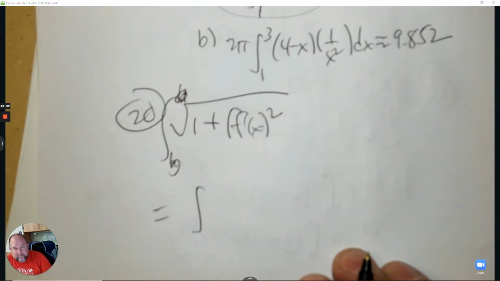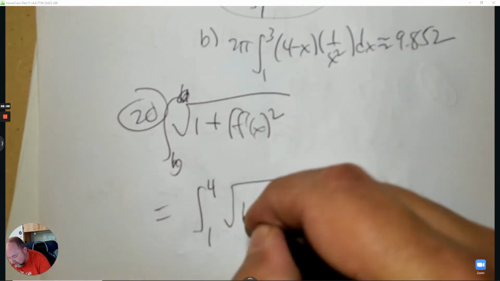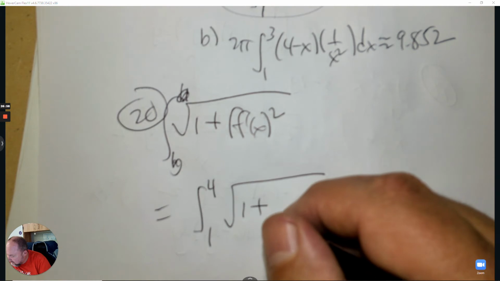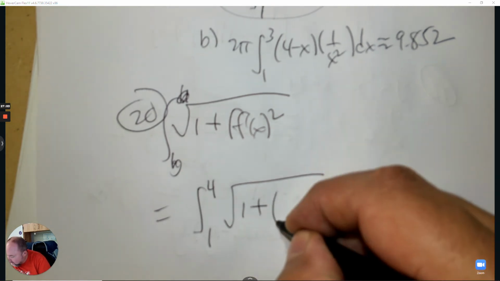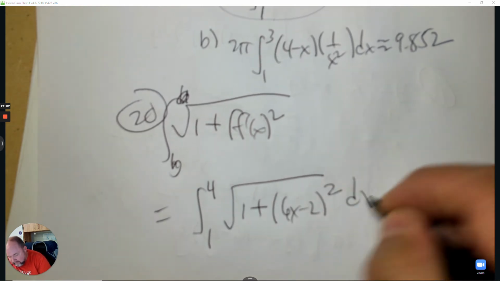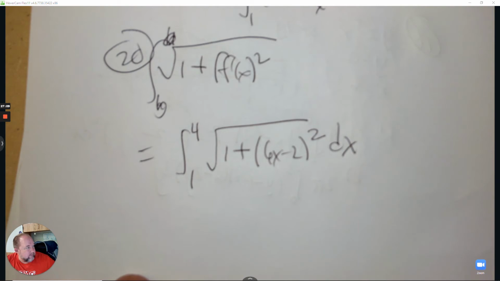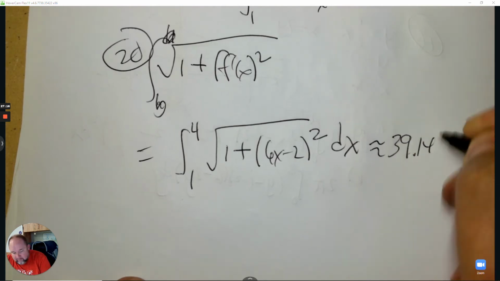In our case, it's from 1 to 4, square root 1 plus the derivative, so that's 6x minus 2 squared dx. That's what we're doing. Use your calculator, and you get 39.141. Just type it in.